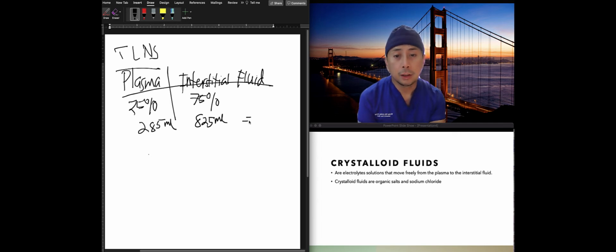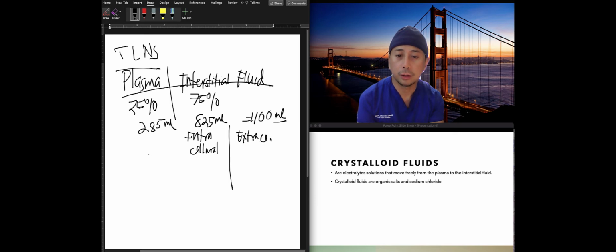Then you're thinking, why did it become 1100 ml? That's the beauty of it. Because what you just did there is, from the interstitial fluid, you have the intracellular and the extracellular, right?